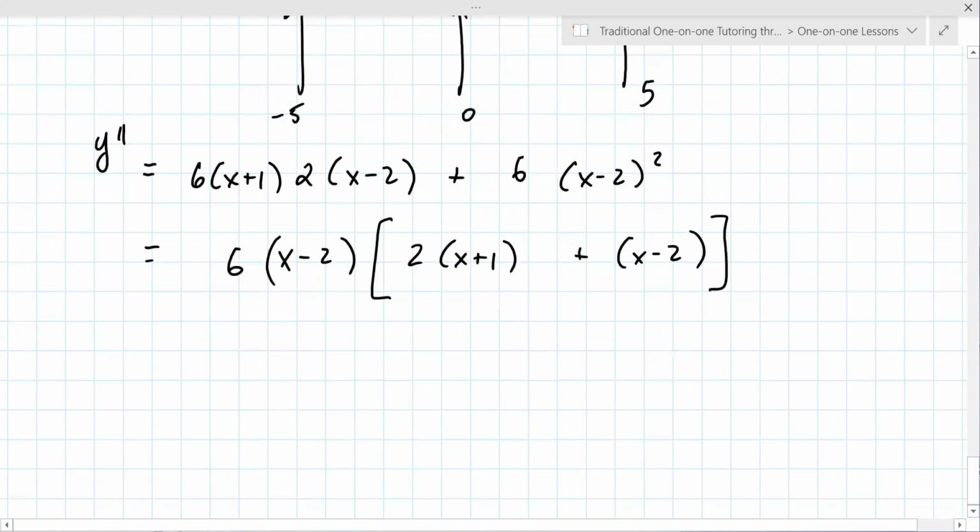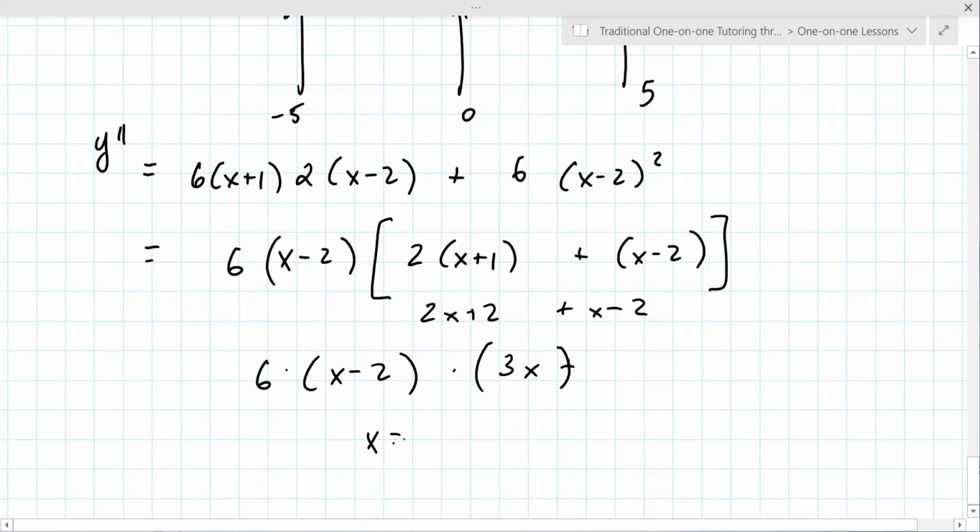On the inside here, you actually do want to distribute and simplify. So it's 3x plus 0. Just 3x on the inside there. So you're down to 6 times x minus 2 times 3x. So your critical values are at x equals 2 and x equals 0.